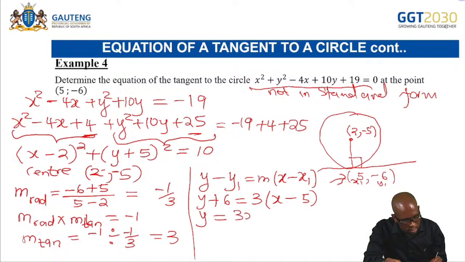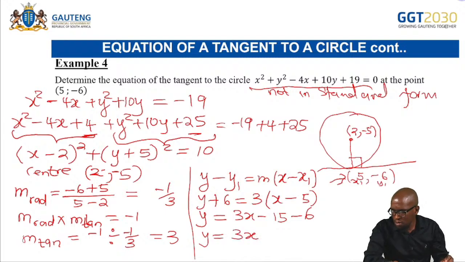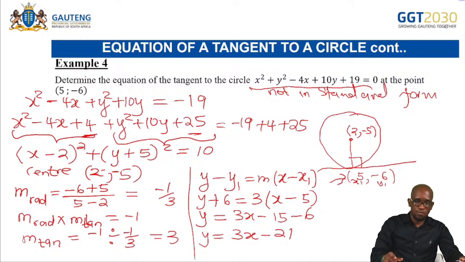So this is 3x minus 15 through the distributive law. Then we transpose the 6, and this simplifies to y is equal to 3x minus 15 minus 6, which gives us minus 21. So we've successfully worked out the equation of a tangent.